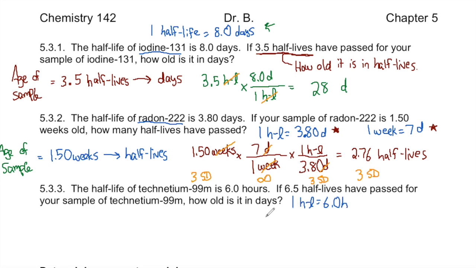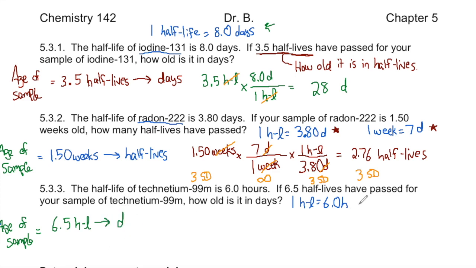That 6.5 half-lives have passed for the sample. So it is 6.5 half-lives old. You can say that if 22 years have passed for someone, that they are 22 years old. So this sample is 6.5 half-lives old. So our age of sample is 6.5 half-lives, and we want to convert that into days.